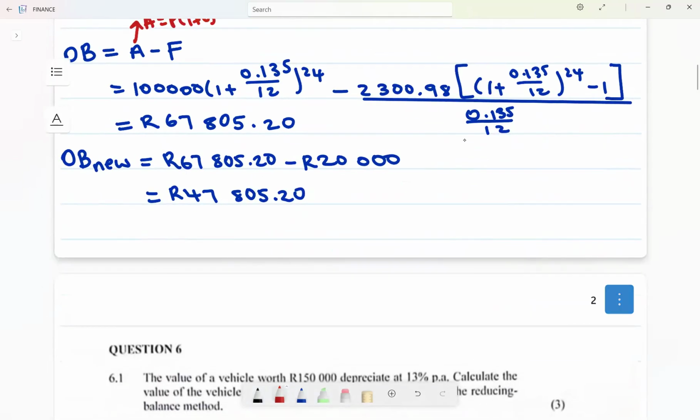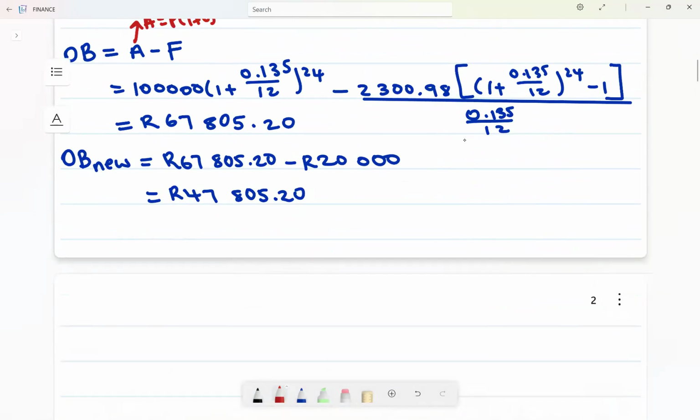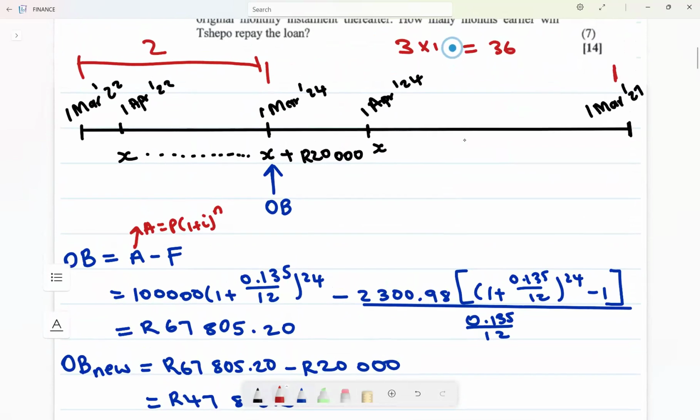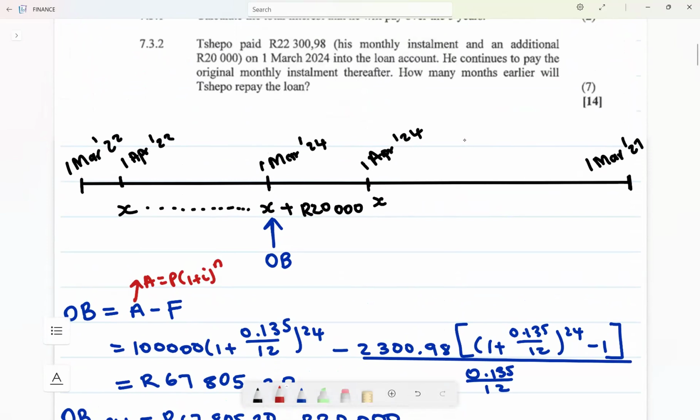And then this is the outstanding balance he will now owe. But now the question was, if from here he is owing 47,805.20, we need to know when he is going to settle this loan.